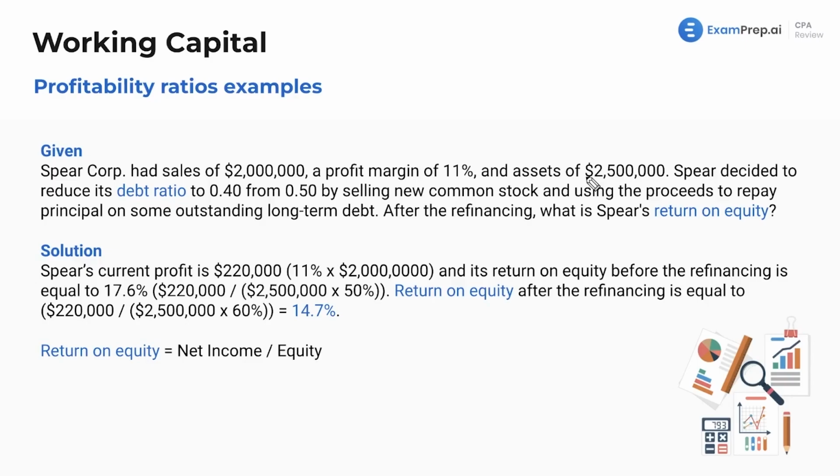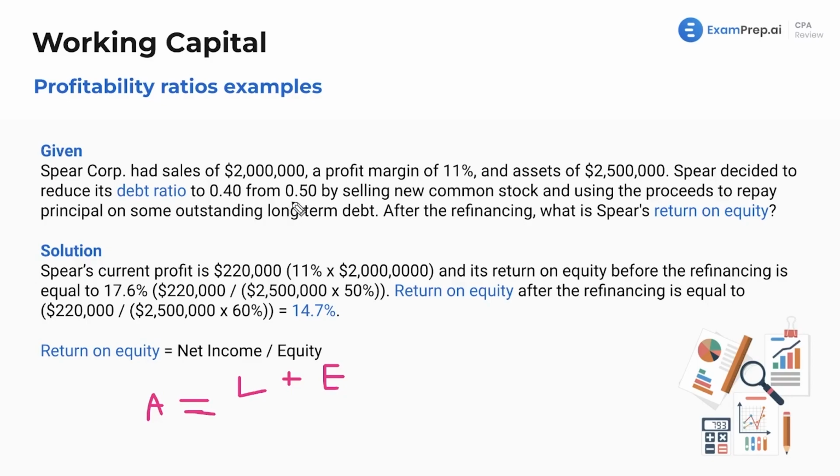If we have assets of 2.5, this is actually going to be a good throwback. We've got assets equals liabilities plus equity. You really can't get much worse in terms of drawing than I can. All right, it looks like we had a debt ratio of 0.5. Interesting point there.